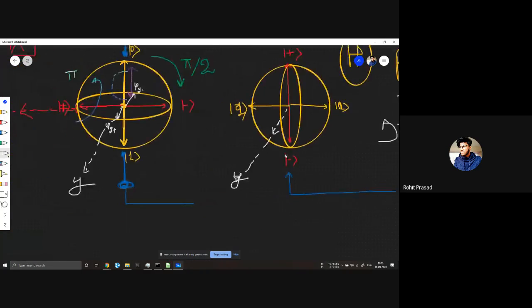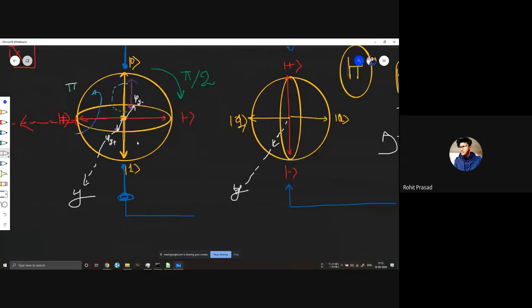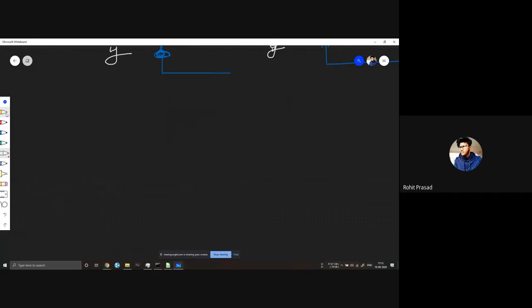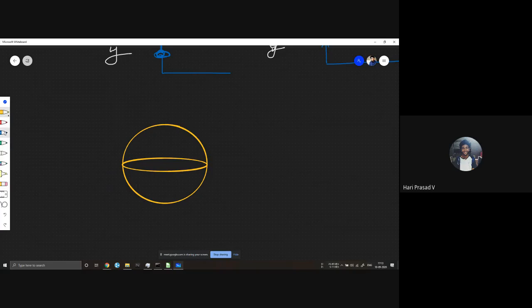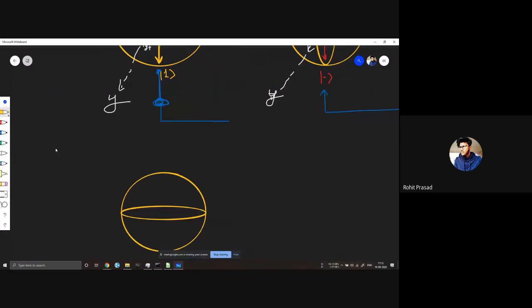So for going from the z basis to the y basis, what we have to do is, let's say this is our Bloch sphere. I'm using my mouse, so ignore the bad handwriting. What we chose earlier, you chose yellow to be our plus.